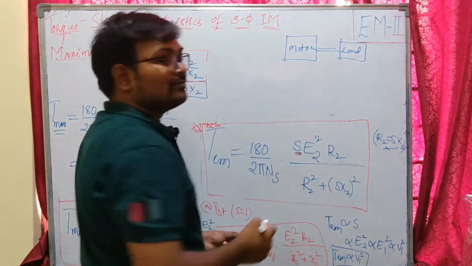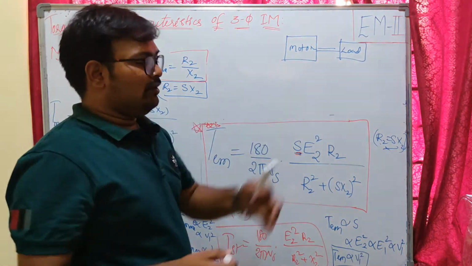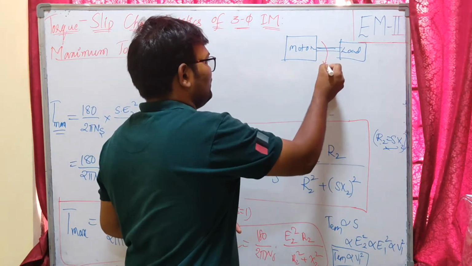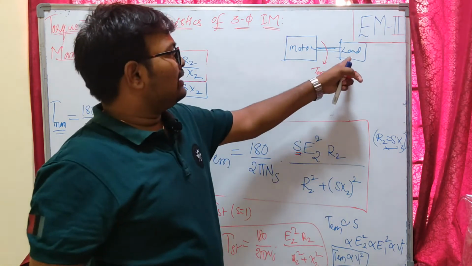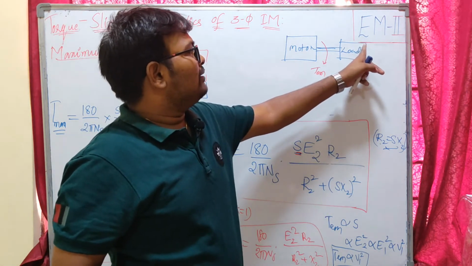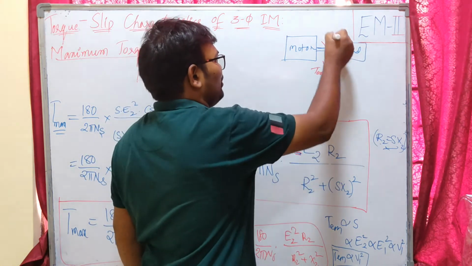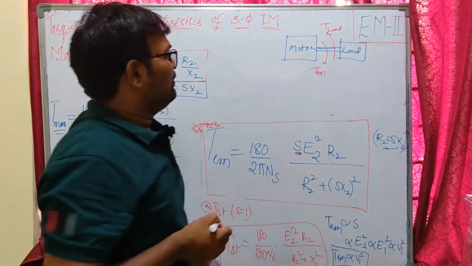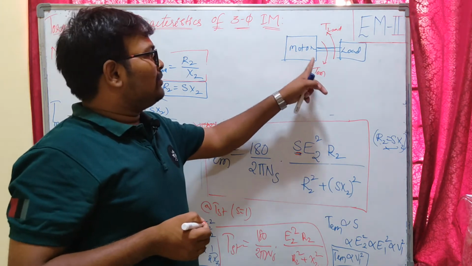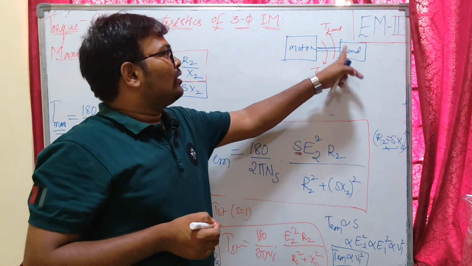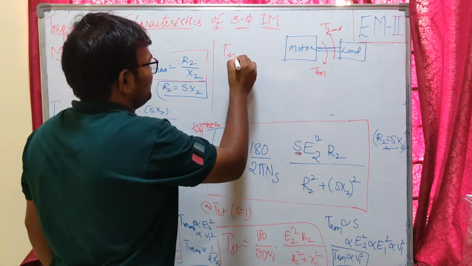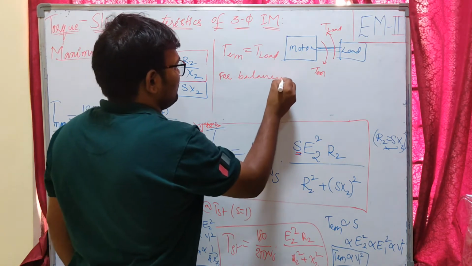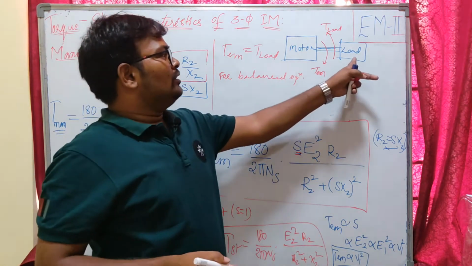So our motor develops a torque which is equal to the electromagnetic torque, and the load applies some torque on the motor shaft, opposite to our electromagnetic torque, which is nothing but the load torque. Our electromagnetic torque supplied from the motor will supply the load torque. That means our electromagnetic torque should be equal to our load torque for balanced operation. That means the torque required by the load should be supplied by our motor.